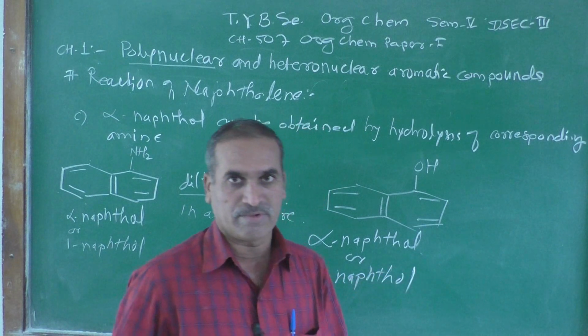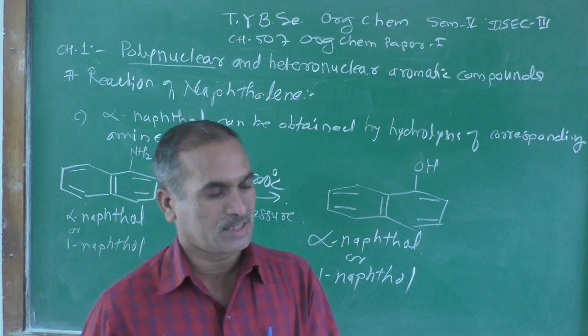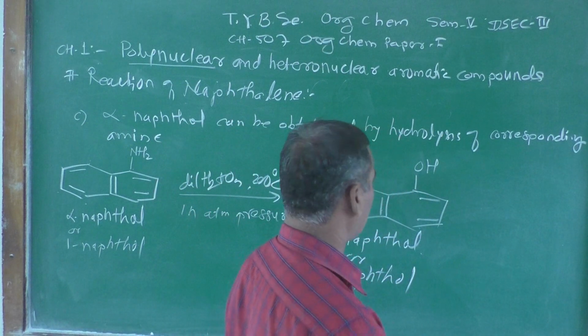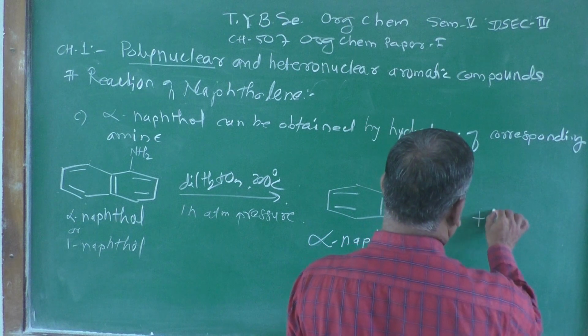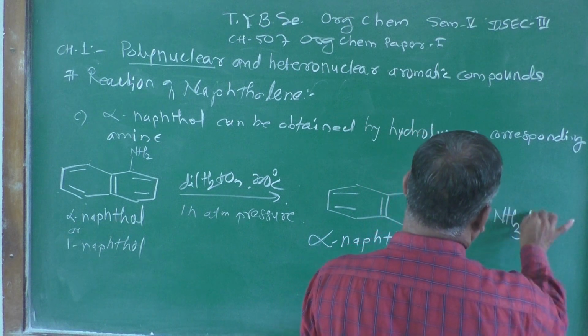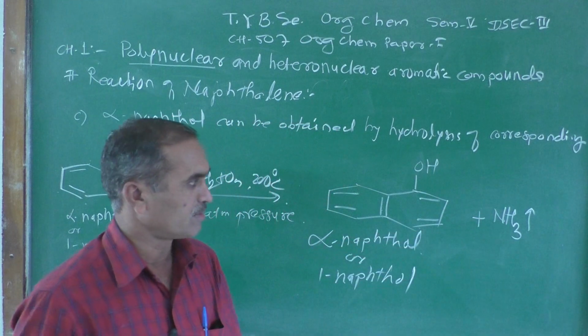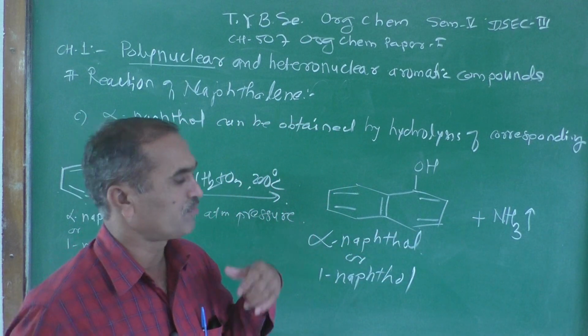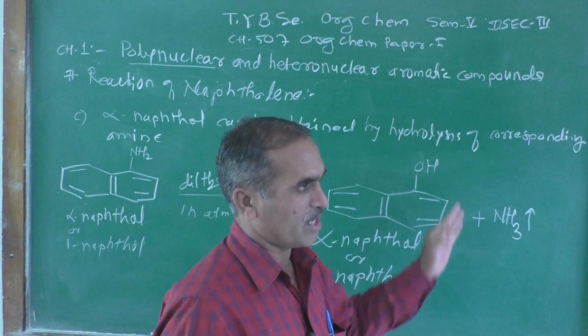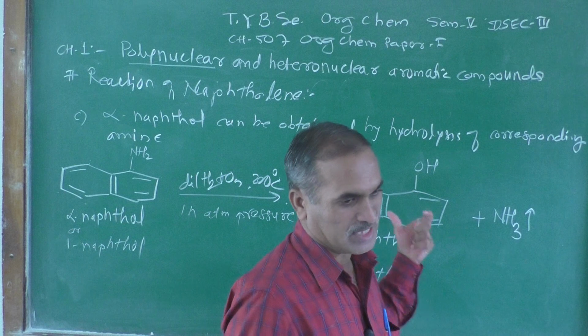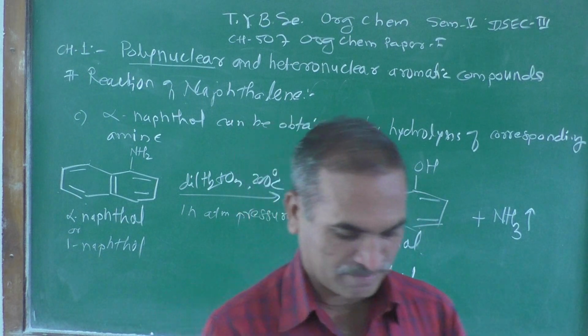So this is a very simple and easy method for the preparation of alpha naphthol. And how do we confirm whether this reaction is complete or not? By complete evolution of ammonia, which is a side product formed during the synthesis of alpha naphthol.